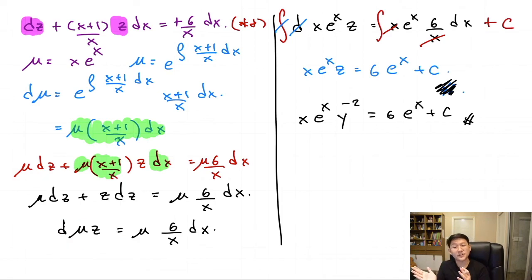I emphasized that in the previous section, right? And that's it. Then we integrate, we get the solution. And finally, we need to substitute z with what we did before, in order to get the solution in terms of x and y. Okay, and that's it for Bernoulli equation.